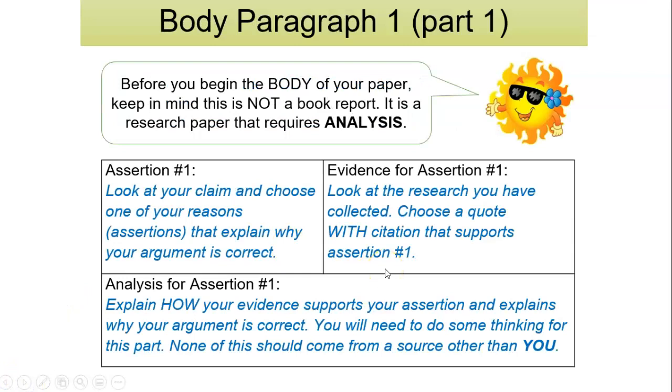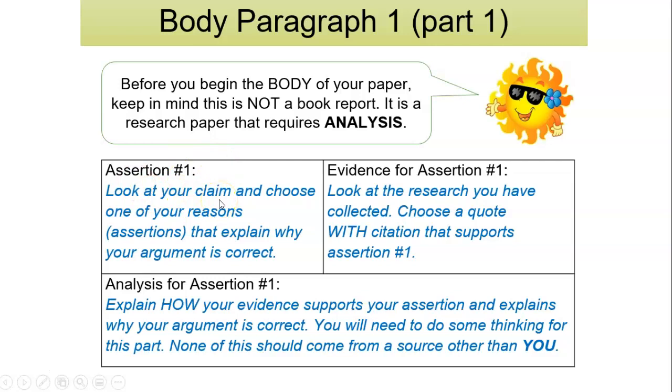Once you get your introductory paragraph done, you can start working on body paragraph 1. Before you begin your body paragraph, just keep in mind that we are not writing a book report. So this is not a book report about Knight. It is a research paper that requires analysis. So body paragraph 1 is going to cover assertion or reason number 1 from your claim.